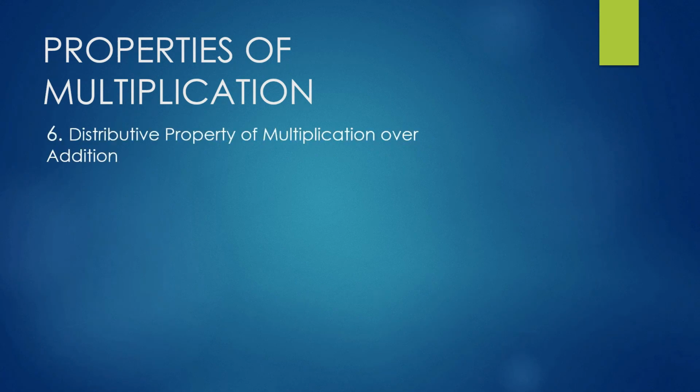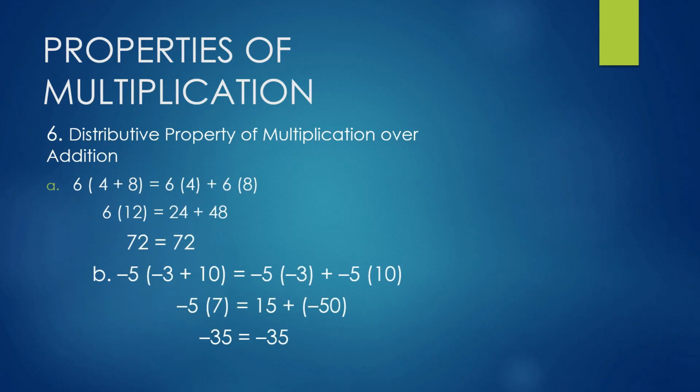Okay, for the last property of multiplication, we have the distributive property of multiplication over addition. For example, 6 multiplied by the quantity 4 plus 8. If we distribute, we need to distribute 6 to the numbers inside the parentheses.